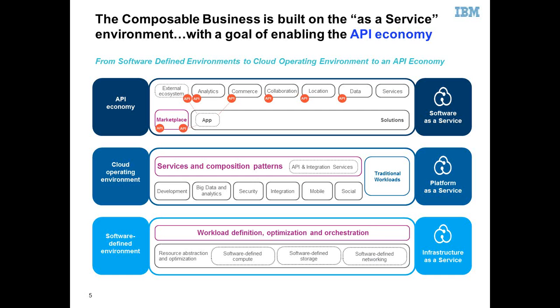So on top of this software-defined environment and cloud operating environment, a firm can reap the benefits of the API economy. The APIs that everybody is talking about are the services that we have seen in the earlier slide, but these will be opened up for its consumers rather than just the enterprise.